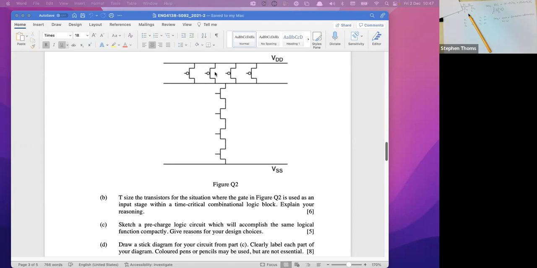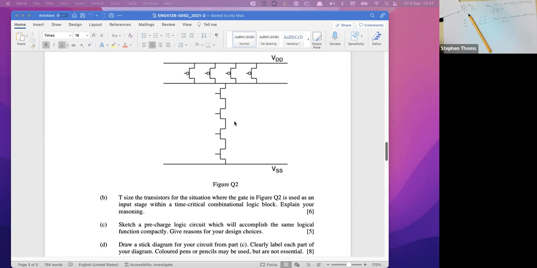Whereas if you did it for P-type pre-charged logic, you would have a single gate type clock transistor on the N side. And so it's asked you to sketch one, and you can either sketch the P one or the N one and give a reason for it.